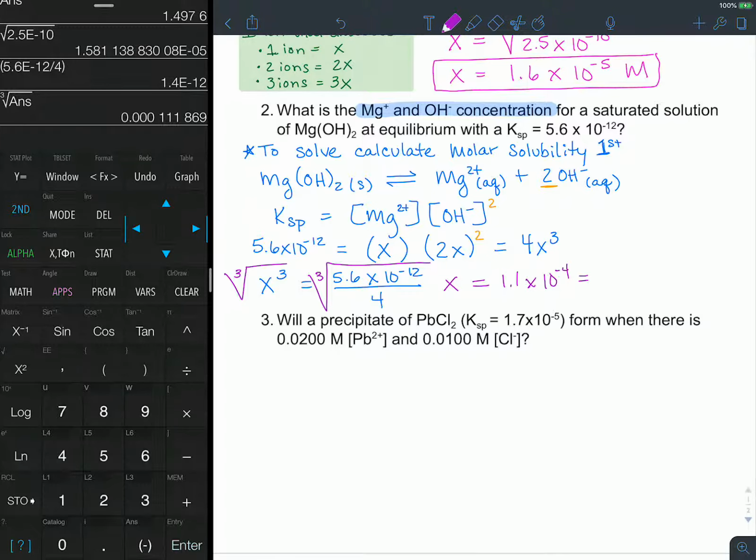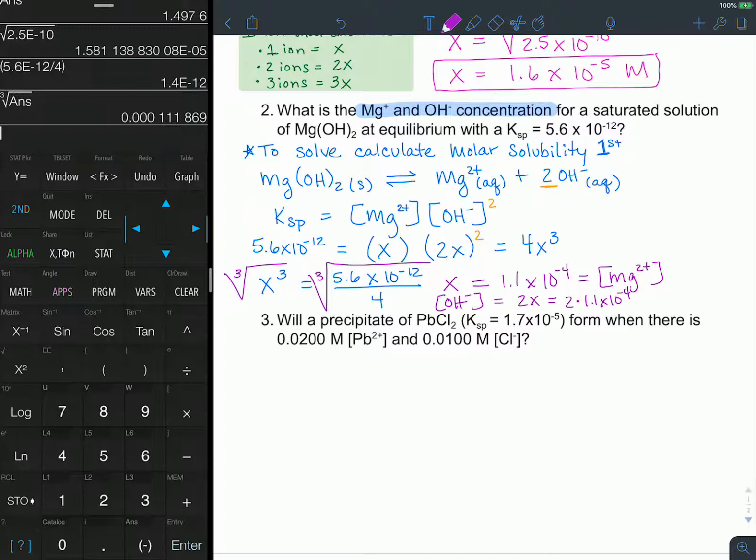But in the case of hydroxide ions, they are equal to 2 times that number, so 2X, which is 2 times 1.1 times 10 to the negative 4th.